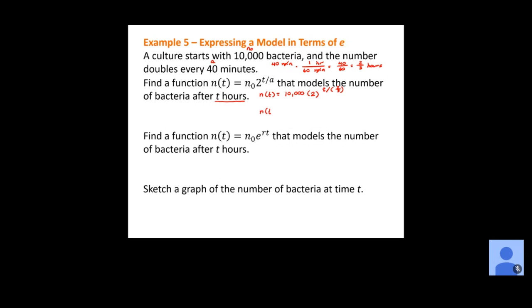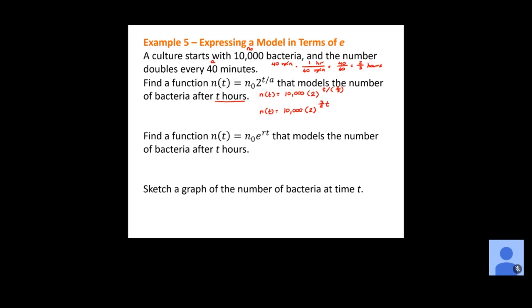I'm going to rewrite this now as n of t equals 10,000 times 2 to the 3/2 t. So instead of dividing by a fraction and having a fraction within a fraction, I'm going to multiply by its reciprocal. So that's just going to give us 3/2 times t now as our exponent. So there's our function now that models the number of bacteria after t hours using that doubling time formula.